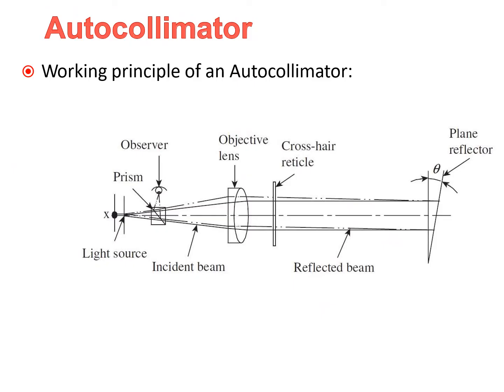If you look at the construction, it has a light source, the observer's eye, the incident beam, the objective lens, the cross or reticle, and the plane reflector. If this reflector is straight, the light rays follow the same path back. If it is tilted, they will follow another path, and here we note the difference.